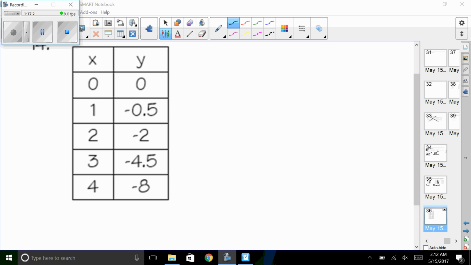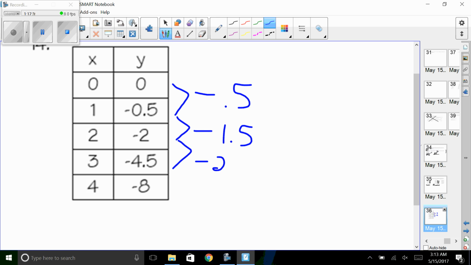Okay, let's look at number 14. From here to here, that's negative 0.5. From here to here, it's a negative 1.5. From here to here, negative 2.5. And here to here is a negative 3.5.